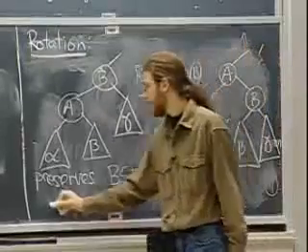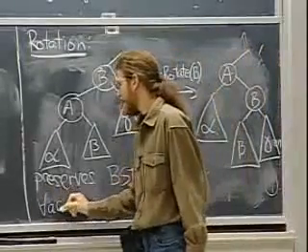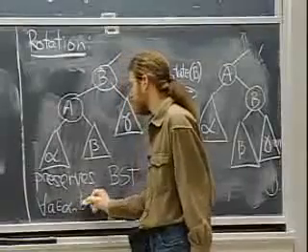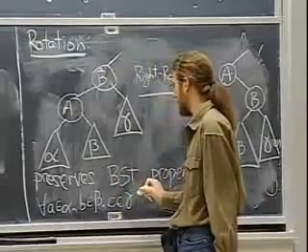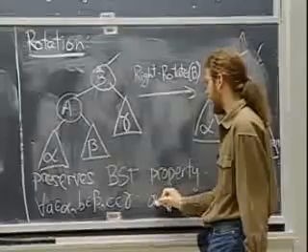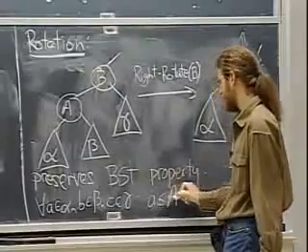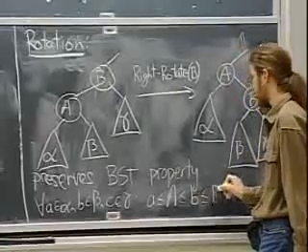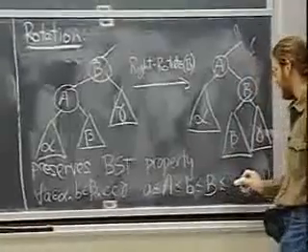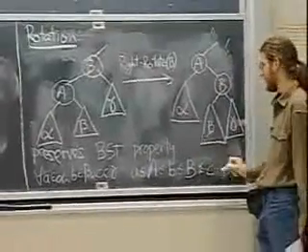So in particular, if we take some node little a in alpha, little b in beta, and little c in gamma, then little a is less than or equal to capital A is less than or equal to little b is less than or equal to capital B is less than or equal to little c.